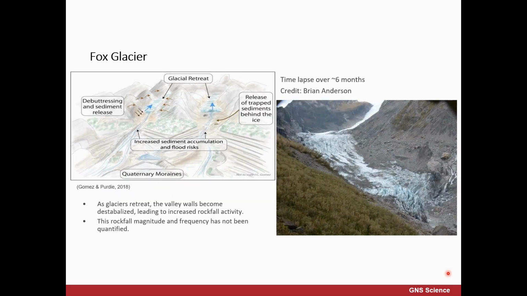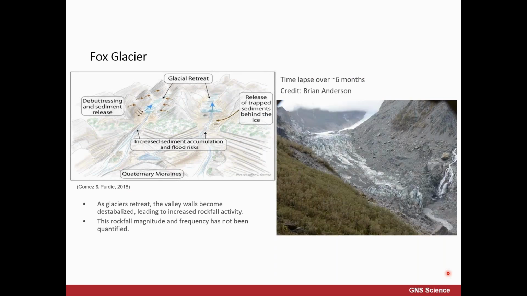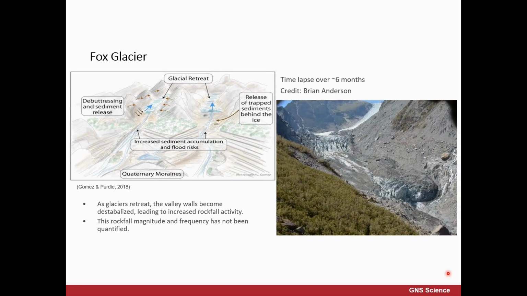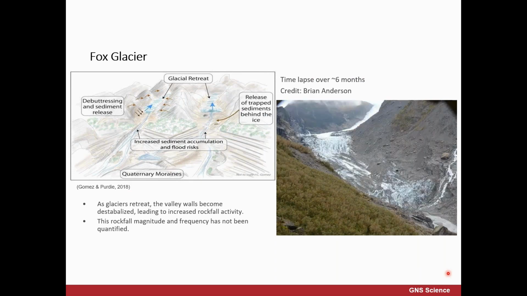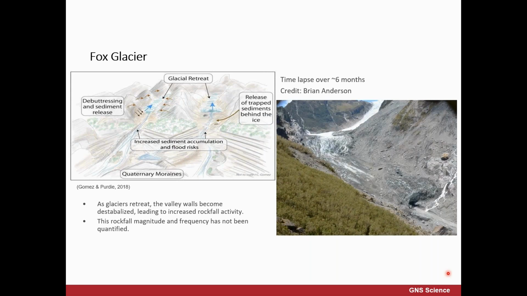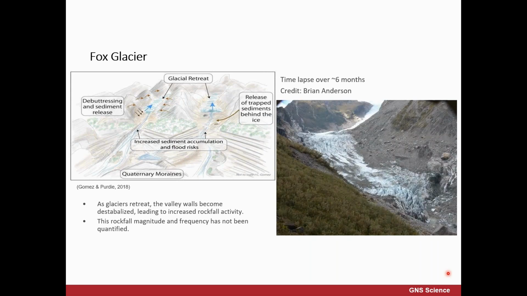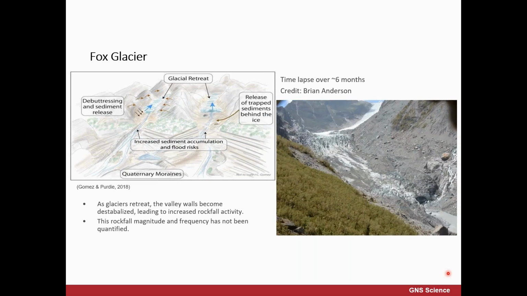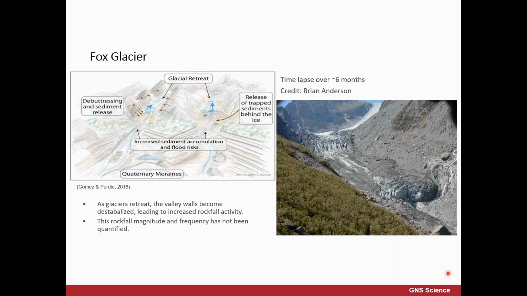This is a time lapse over 6 months. I think this was back in 2015. You can see the rock slope on the right-hand side slowly just falling away as the glacier is moving down the slope. And yeah, so basically glaciers hold up rock slopes.